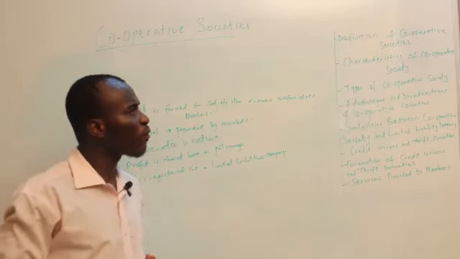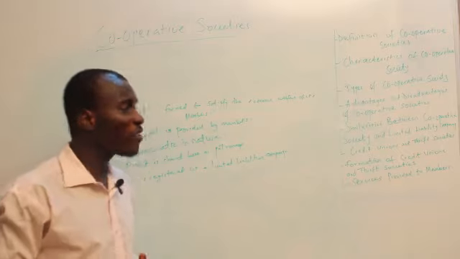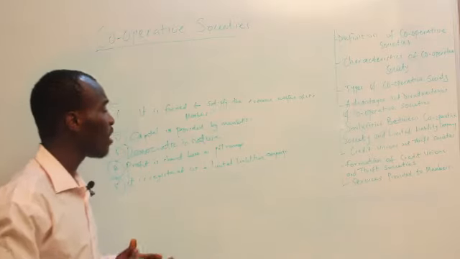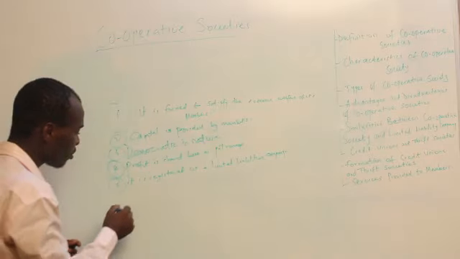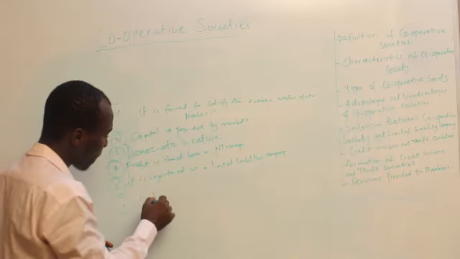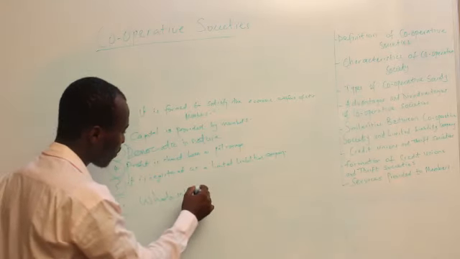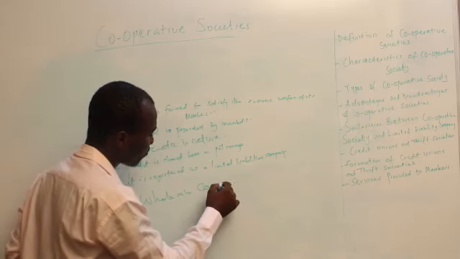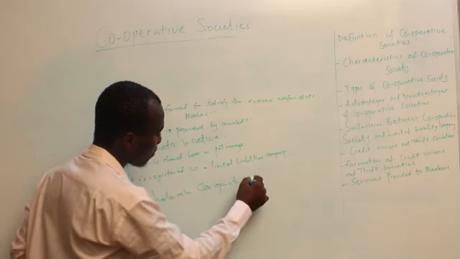Now let's look at the types of cooperative society. We also have different types of cooperative society. Number one, we have the wholesale cooperative society.